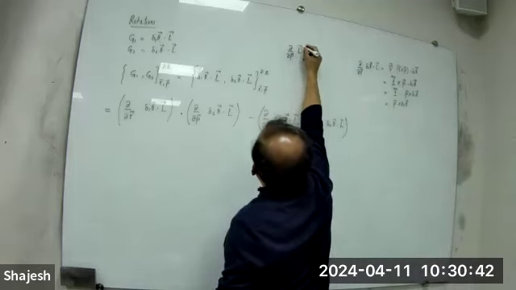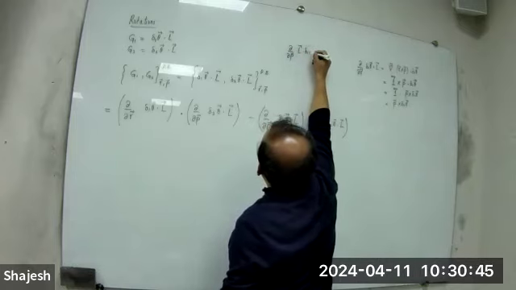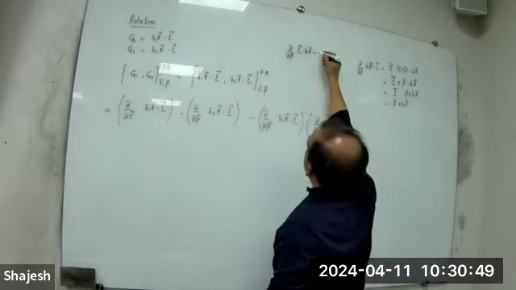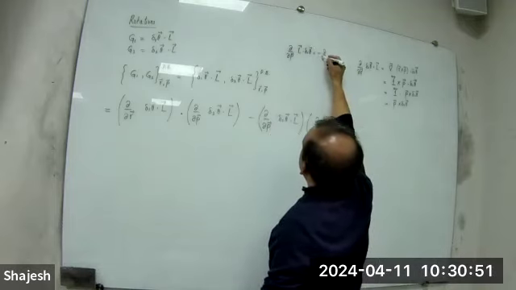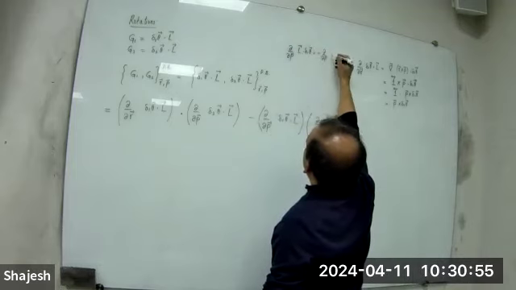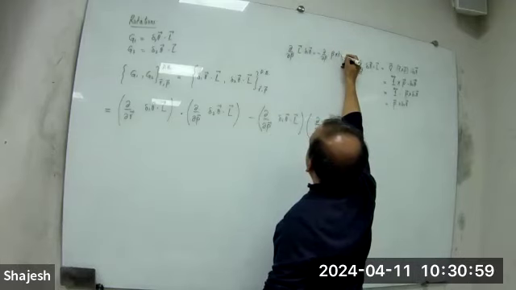Let's say L dotted with delta 1 theta. This is equal to minus of d by dp. I'm putting a minus sign so that I can change the sign here, R cross P dotted with delta 1 theta.